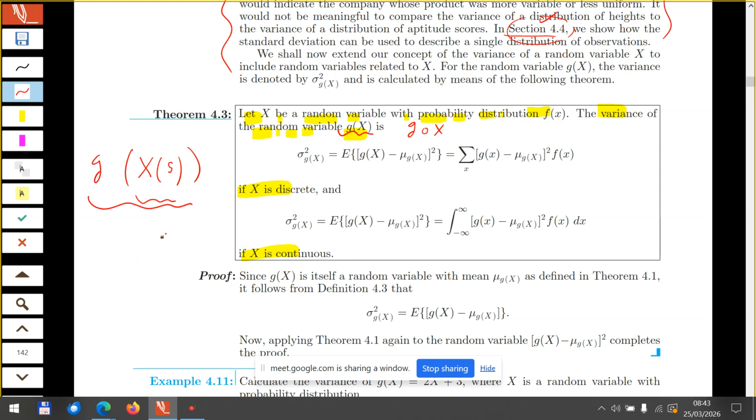So if you think of it as a single function, it would be g composition x of s. Somehow probabilistic guys don't like this notation, so they write g of x. But we know what we mean by it, so you should not get confused by that.